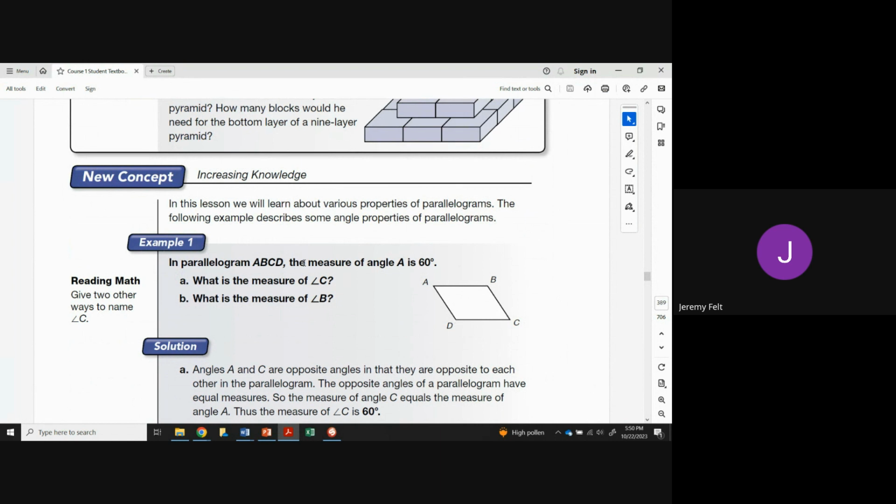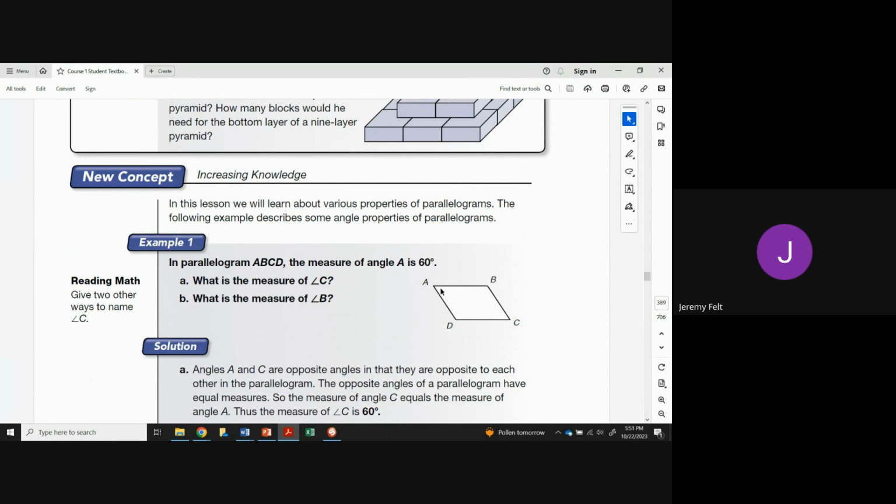In parallelogram ABCD, the measure of angle A is 60. What is C? Well, in a square or rectangle, we know they're all 90. In a parallelogram, even when we have two acute angles and two obtuse angles, they still add up to 360. So they're not all 90 degrees, obviously. We're told one is 60. They're still going to add up to 360 degrees.